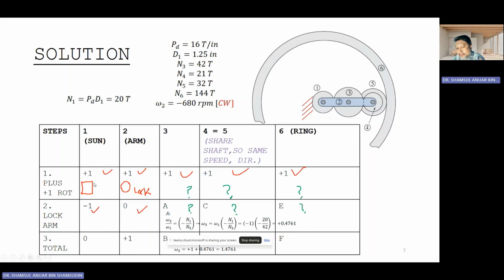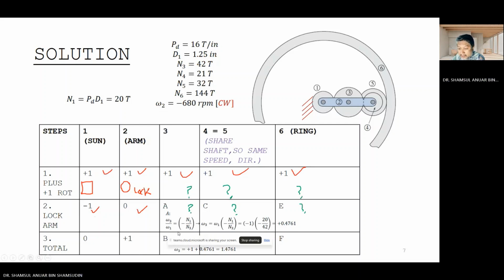Whichever gear has a -1 or +1 value will be the input. So omega-3 over omega-1 has the relationship N1 over N3.